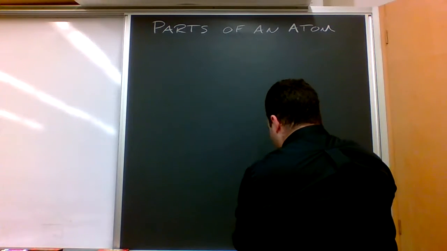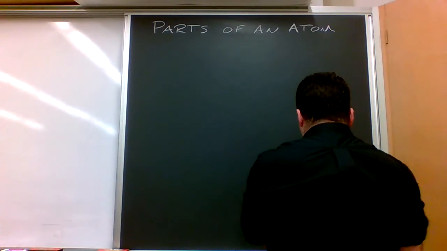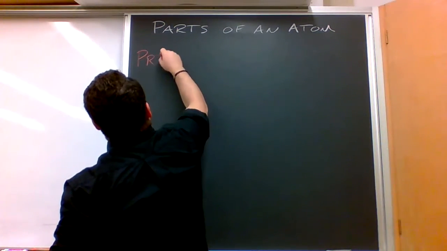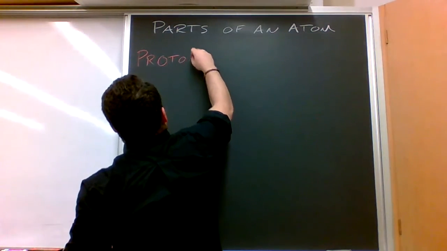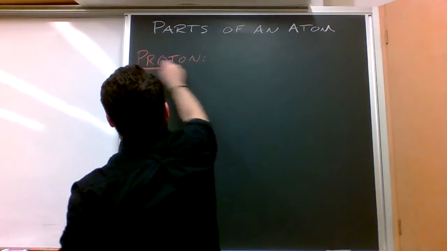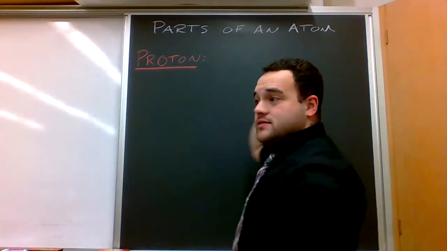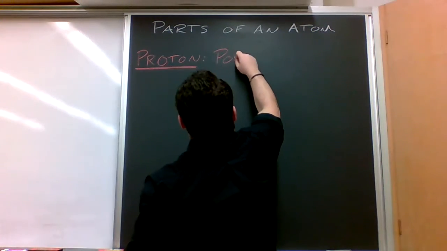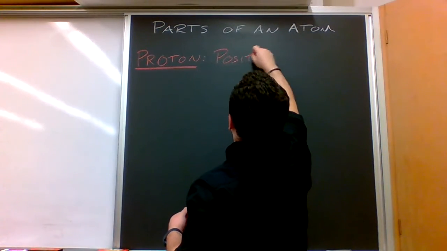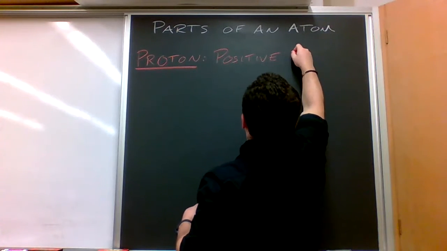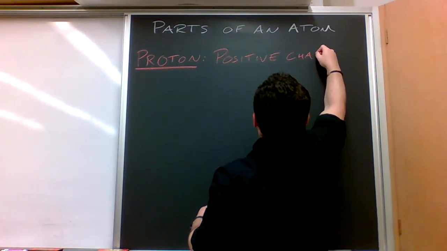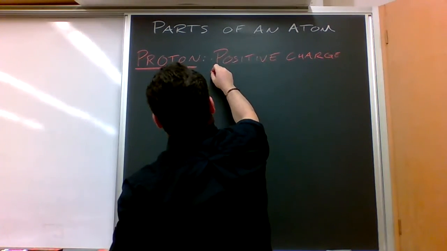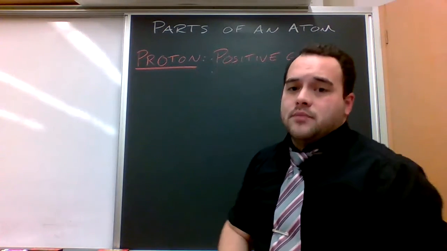So the first part we will talk about is the proton. Now the proton is a positively charged particle and it has a mass of 1 AMU.